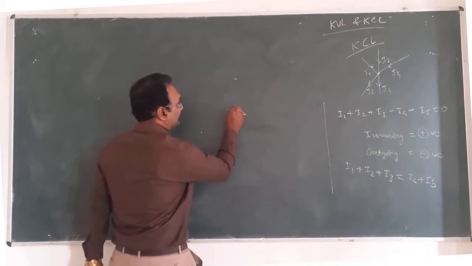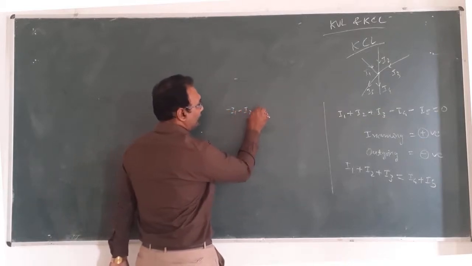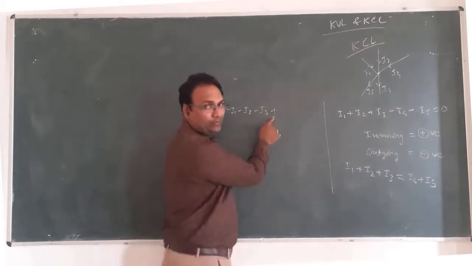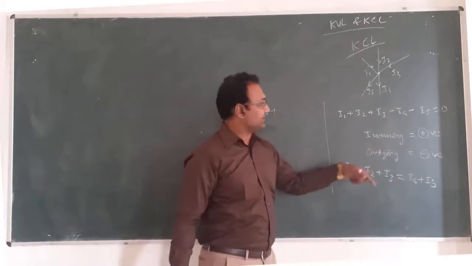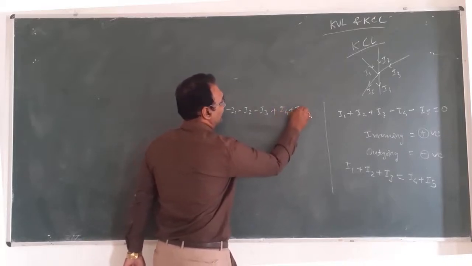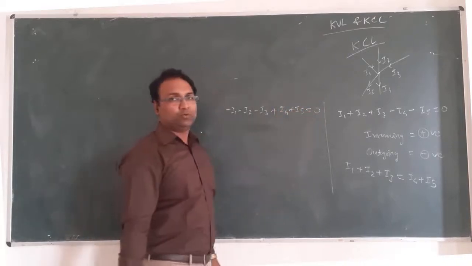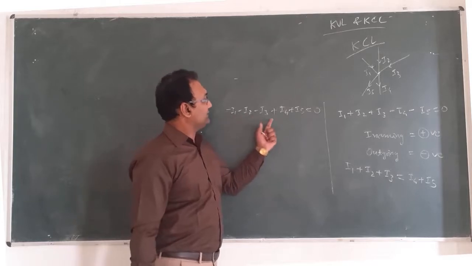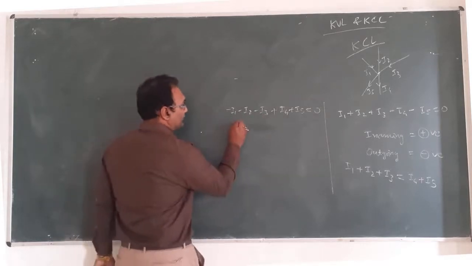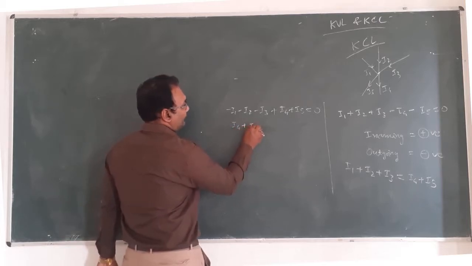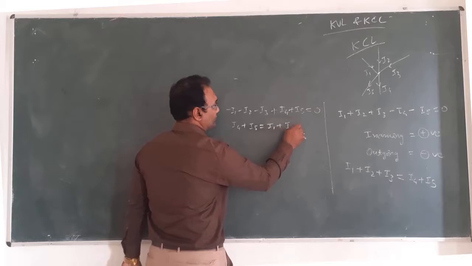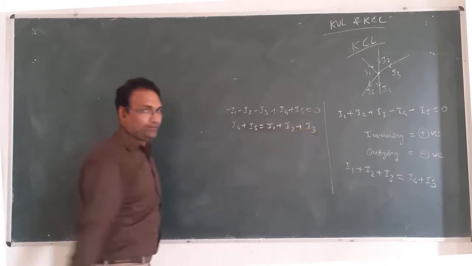Minus I1 minus I2 minus I3, plus we have considered outgoing as positive, so plus I4 plus I5 will be equal to 0. Again, if we transfer these three to the other side of the equal sign, then it will come out to be I4 plus I5 will be equal to I1 plus I2 plus I3.